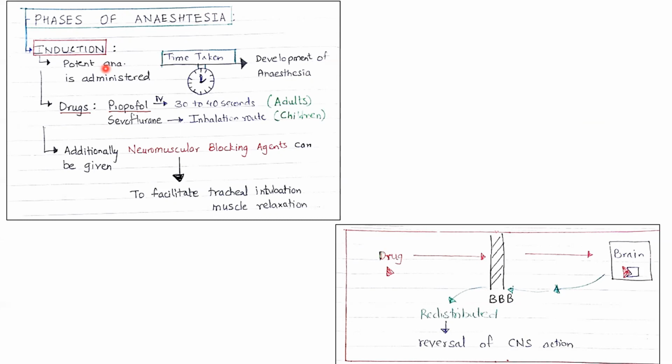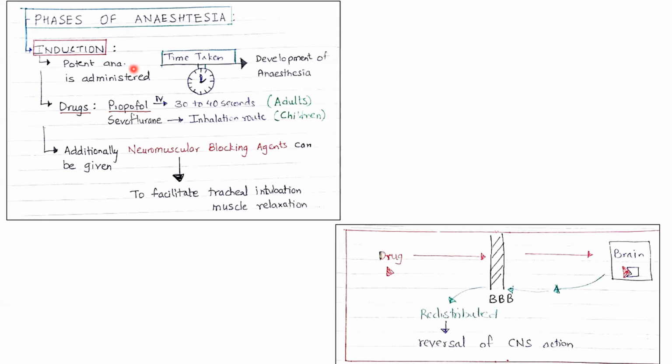You have to observe the effects, you have to monitor the patient, and you have to maintain the patient throughout the procedure in the anesthetized stage. That is very, very important. And in the end, you should exactly know when to stop the maintenance anesthetic therapy to bring back the patient to normal. That is reversal of anesthesia.